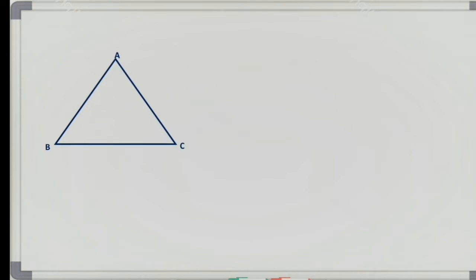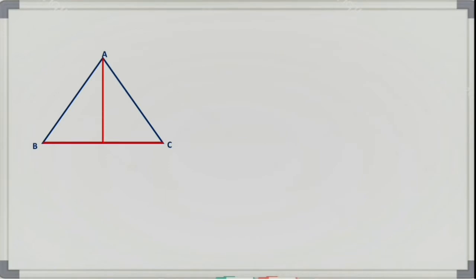Look at the triangle ABC. Segment AD is drawn from vertex A to its opposite side BC such that it is perpendicular to BC, then it is called an altitude.